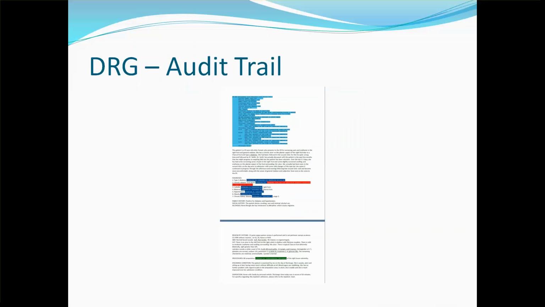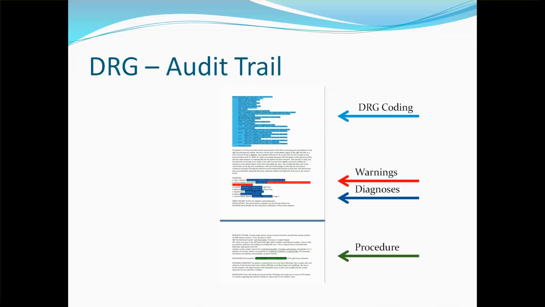Now, here's our audit trail. What we have, in the blue, is the DRG coding and what we did and how we came to those codes. And in the note itself, the diagnoses are highlighted in dark blue. Procedures are highlighted in green. And we even have warnings in red, if any are necessary.